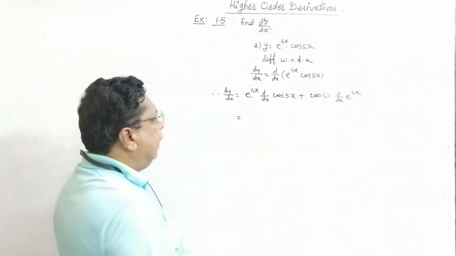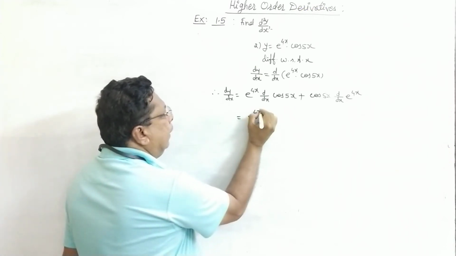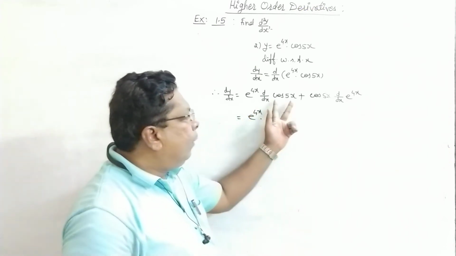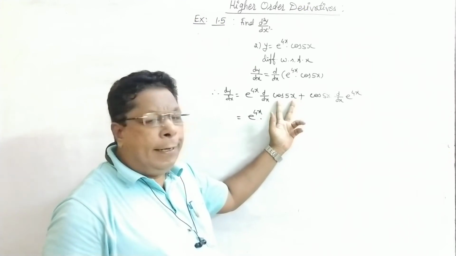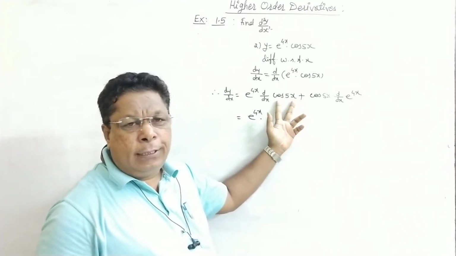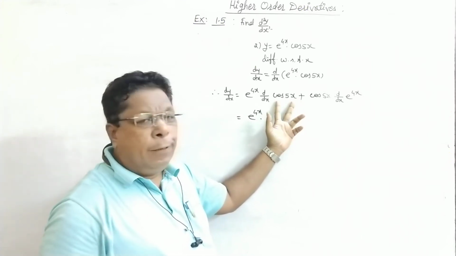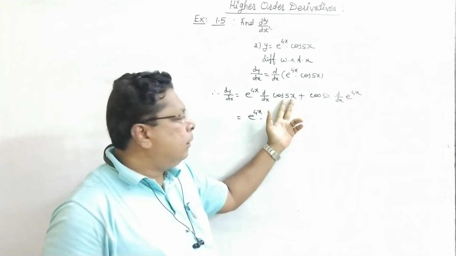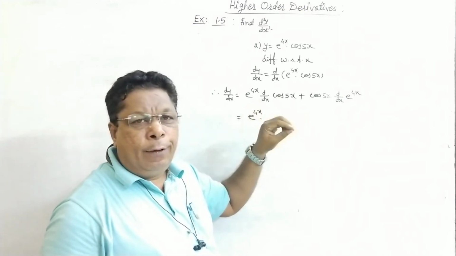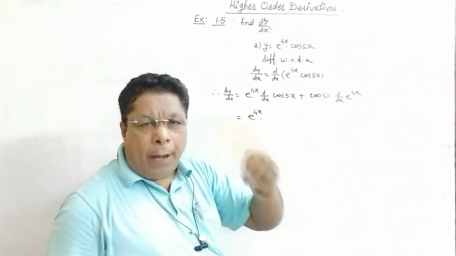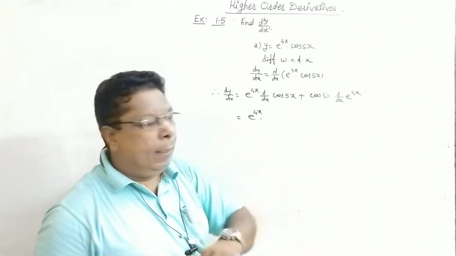This can be written as e raised to 4x derivative of cos 5x. Standard formula, derivative of cos x is minus sin x. Use the formula cos f(x), f(x) is equal to 5x. Derivative of cos f(x) is minus sin f(x) into f dash x.